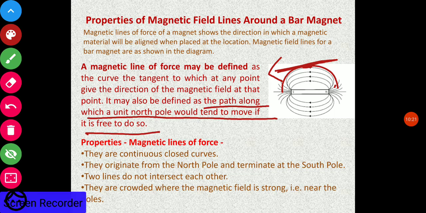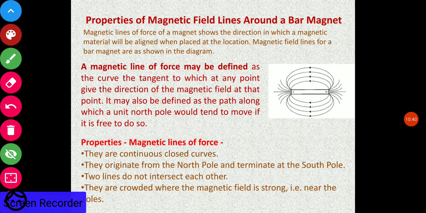Electric field lines are the imaginary path along which a unit positive charge would tend to move if it is free to do so. Here, these are the imaginary path along which a unit north pole would tend to move if it is free to do so.